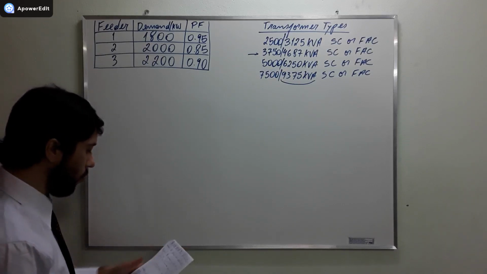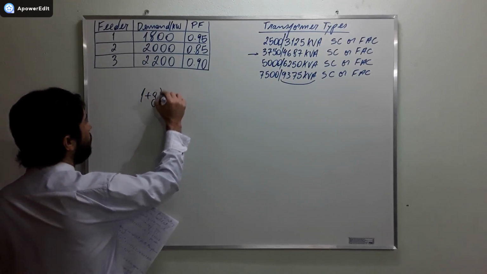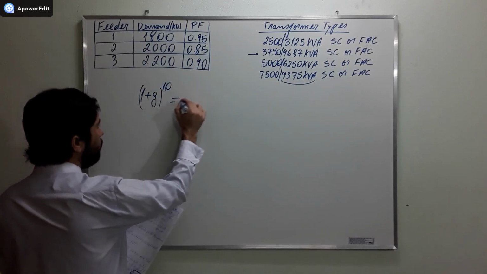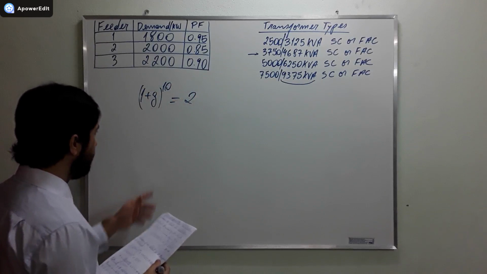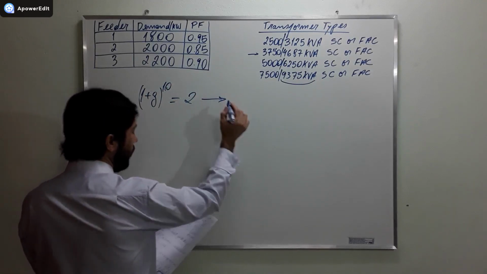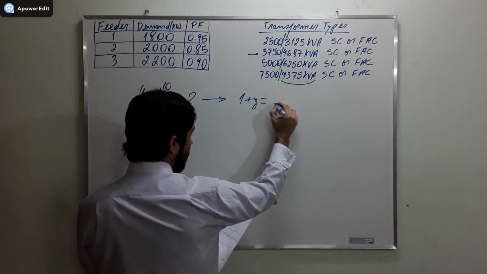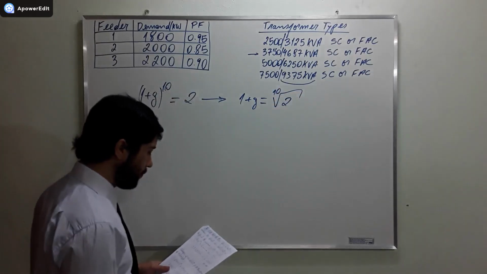To find the increase per year, let's do 1 plus G to the 10th power has to be equal to 2. Okay? That is the increase per year. It's the 10th root of 2.